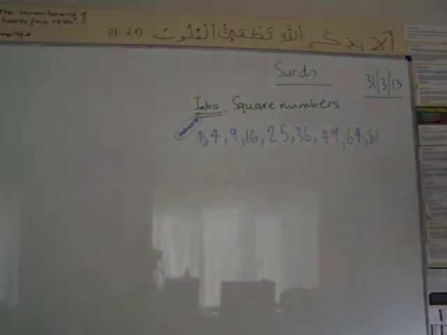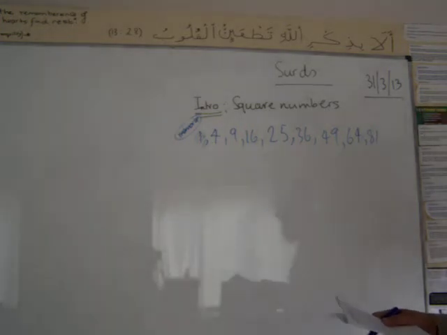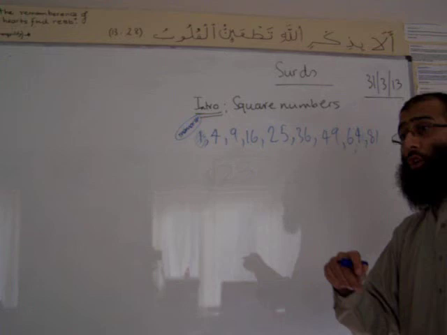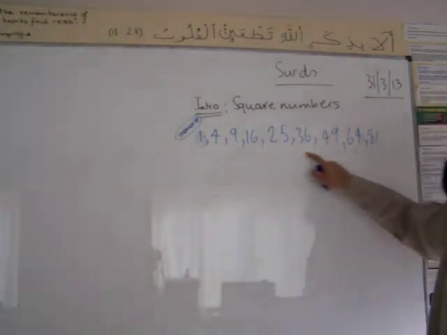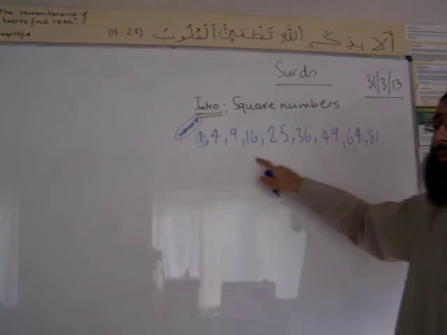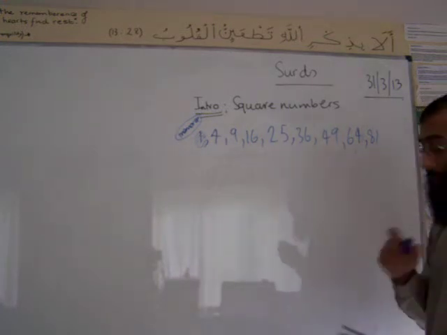Now, let's have a look at some of the basic rules of what we can and cannot do with surds. All surds rely on you knowing these square numbers.